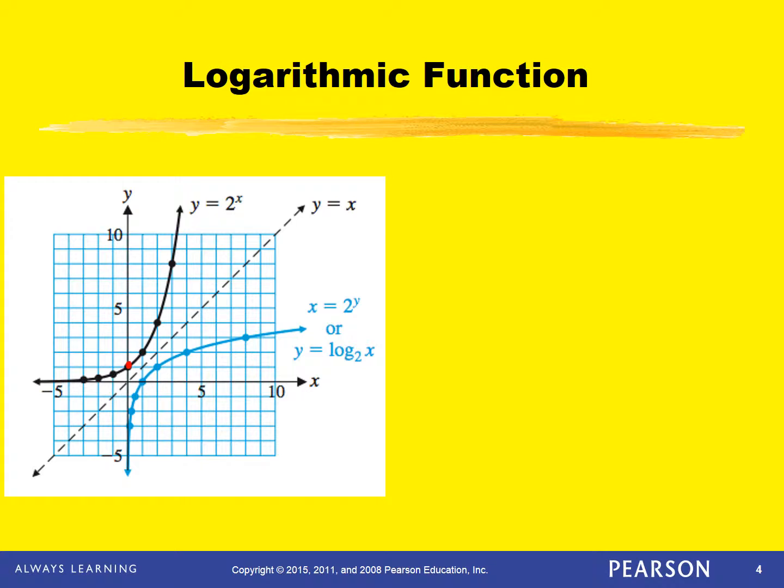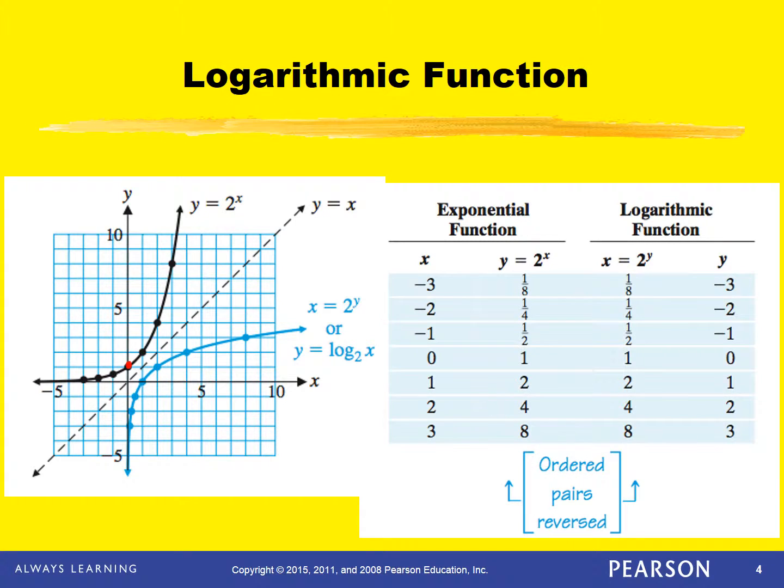And so that's how the logarithmic function, which is the inverse, the one that also has base 2, looks. Y equals log base 2 of x is the blue graph, and that's the reflection of the black graph through the line y equals x. Of course, y equals log base 2 of x just means the same thing as x equals 2 to the y. Switch x and y.